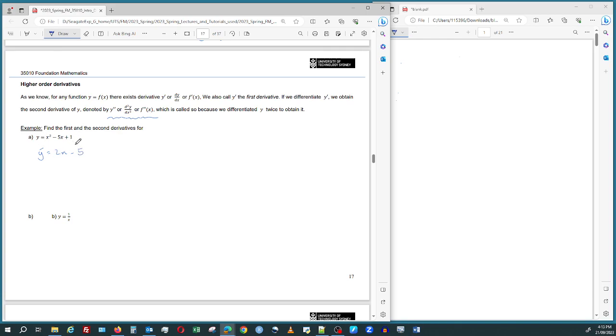So the order of power reduces by 1. So we've no longer got a square term. The double dash means that we just do it to this one. 2x is going to be 2. Okay, so that's all it is. And everything after this, so y triple dash and onwards, can you have a 3? Yep, it's going to be 0.